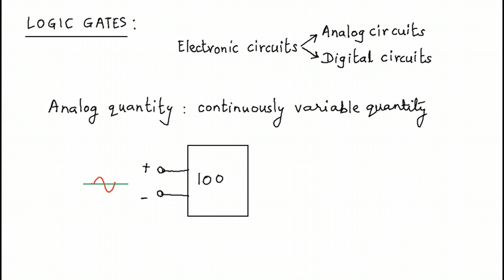Maybe its amplitude is Vm. So the maximum value it can reach is Vm, the minimum is minus Vm.